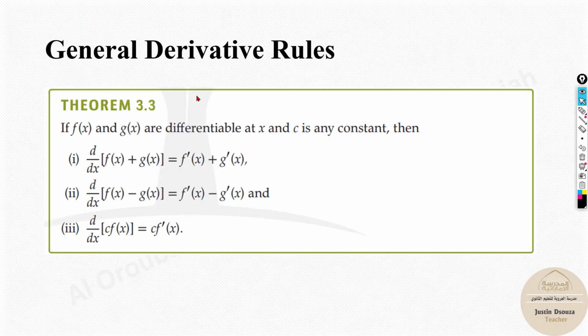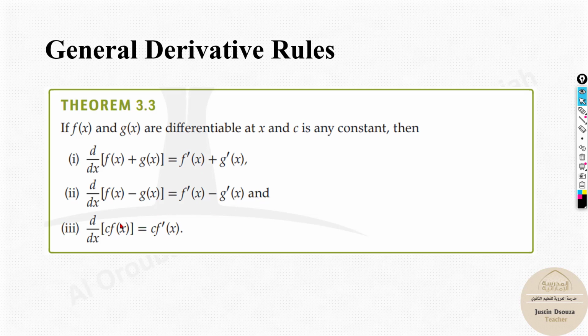Now what if you have two terms either added or subtracted or multiplied with constants? What do we do? If two terms are added and you have to differentiate, just derive each of them separately. Whereas if it's subtracted, do the same thing separately.